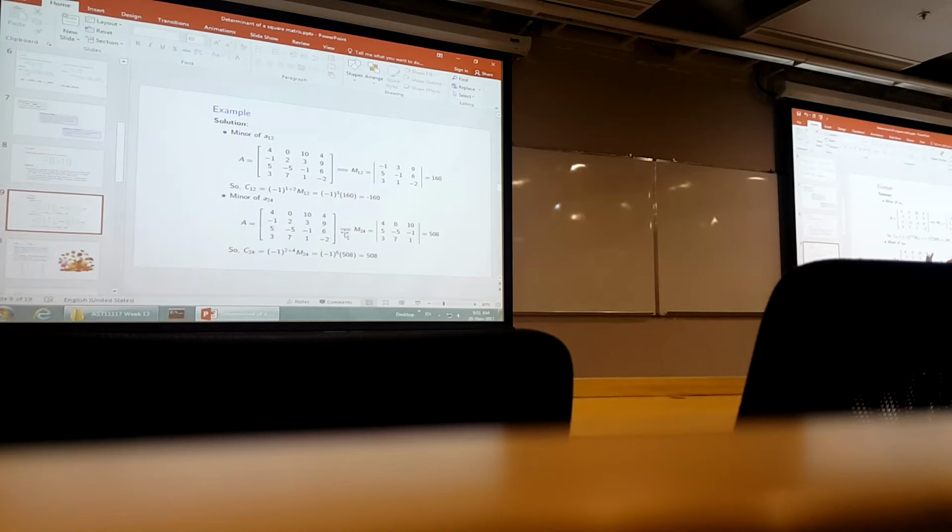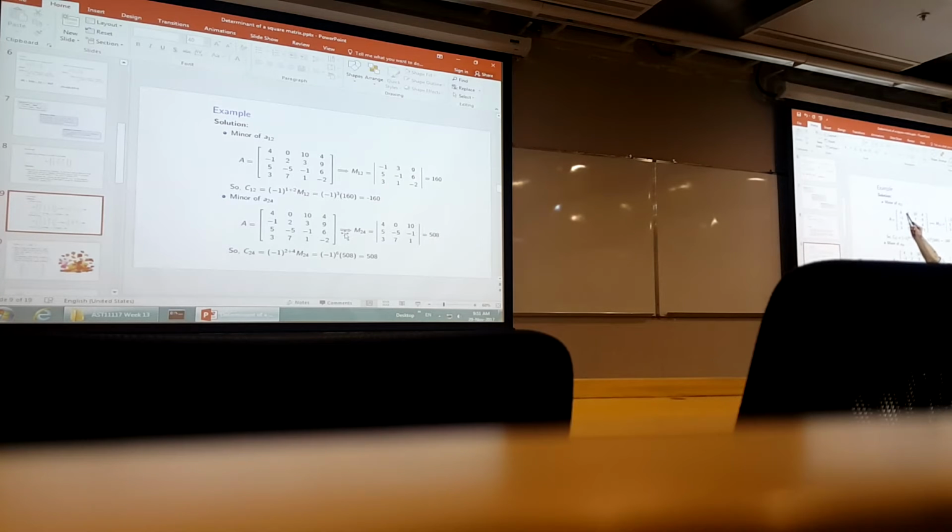It is a numerical value. And then the cofactor is just the minor with some change in the sign of the numbers.